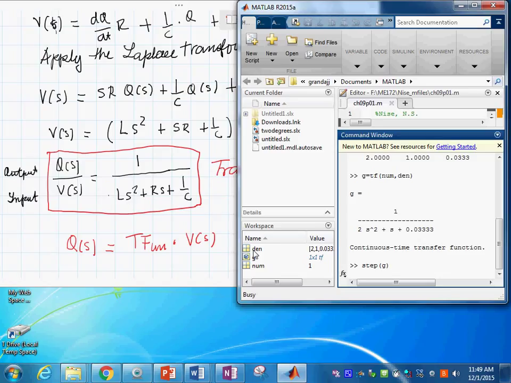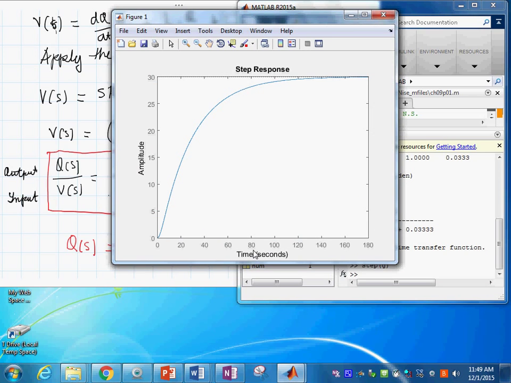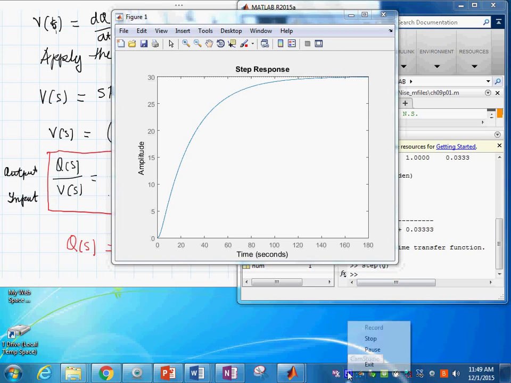It does the calculations, thinks about it for a little bit, and there is the step response. So we will analyze this in more detail later with other examples.